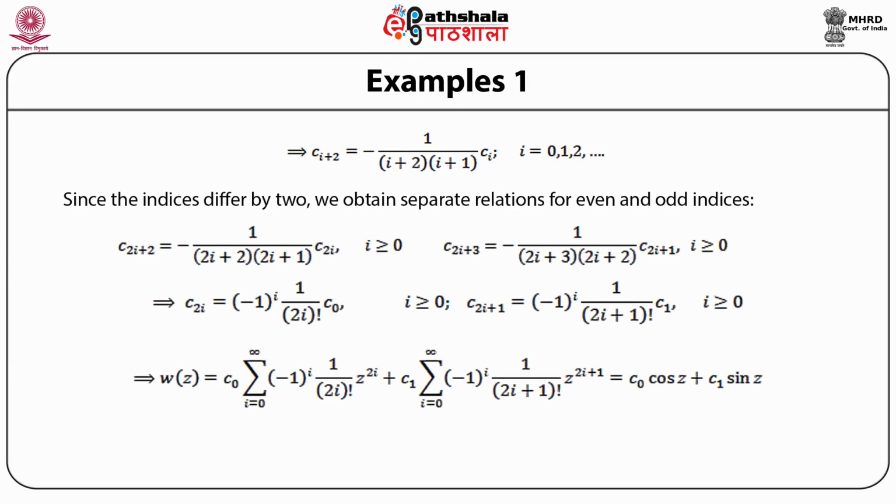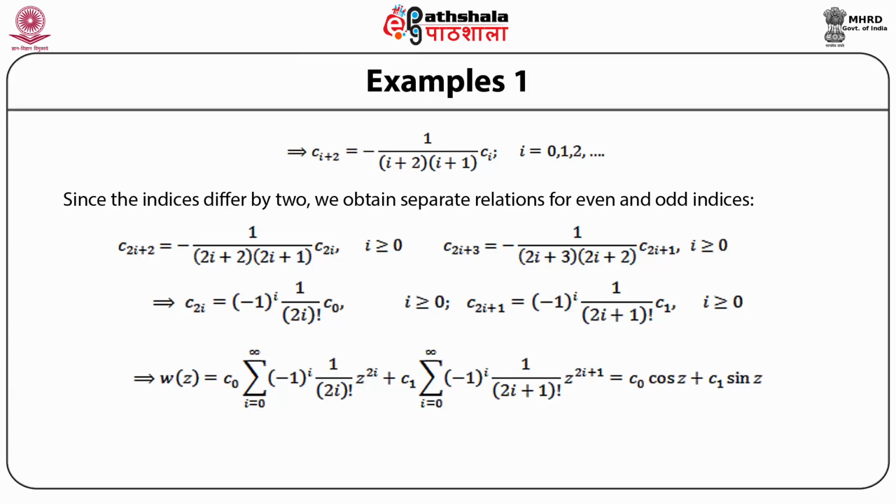Since the indices in the recurrence relation differ by 2, we obtain separate relations for even and odd values of the index. This yields the two expressions as c_(2i+2) is equal to minus 1 by (2i plus 2)(2i plus 1) multiplied by c_(2i).